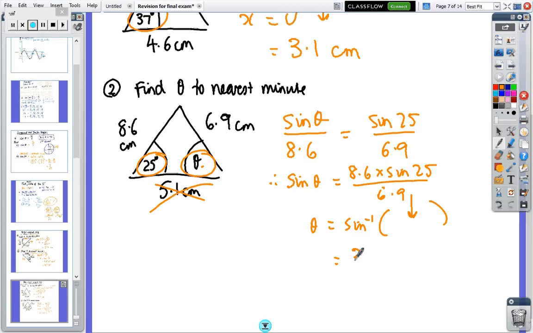So I think the answer is 31 degrees, 47 minutes, 8 seconds, and I want nearest minutes, so that's 31:47. Okay, does that make sense? I've got 6.9 opposite 25, so 6.9 is smaller than 8.6, so I'm expecting to get a bigger answer to get a bigger side, and 31 degrees is bigger than 25. So yeah, that makes sense.